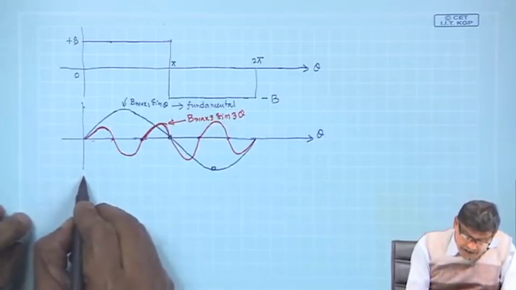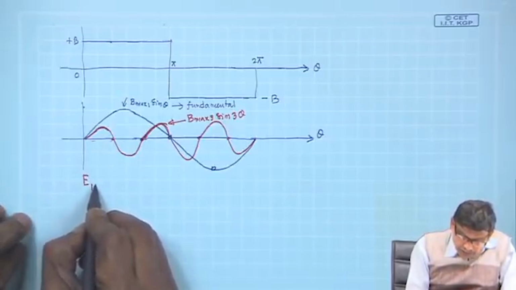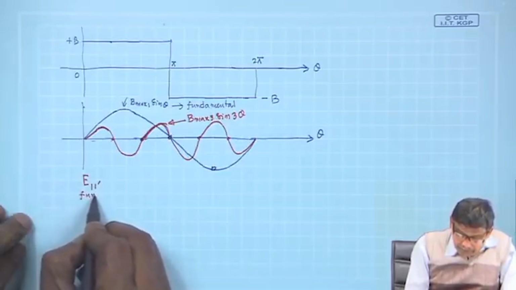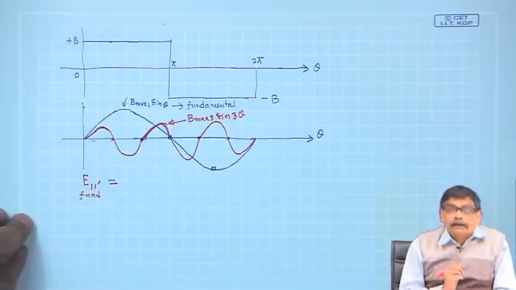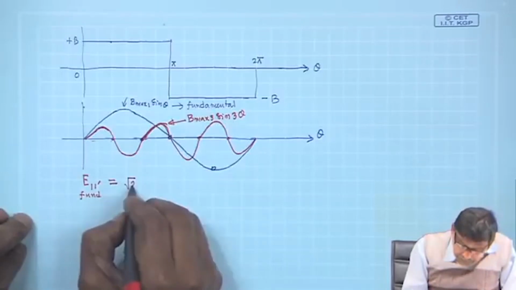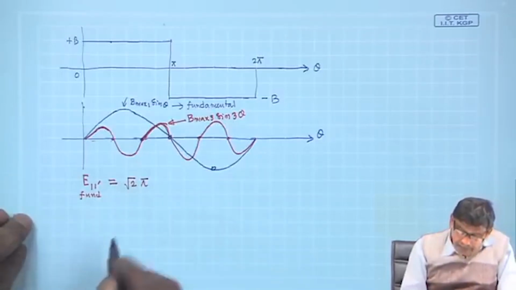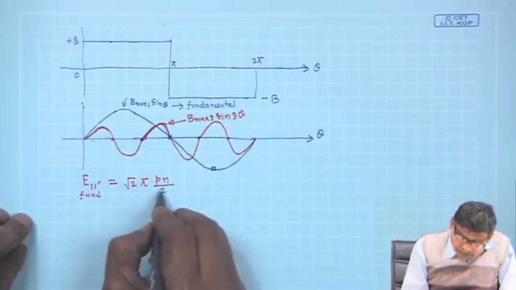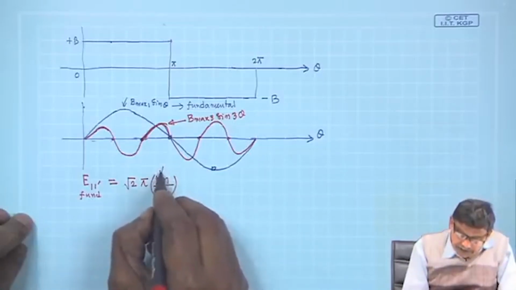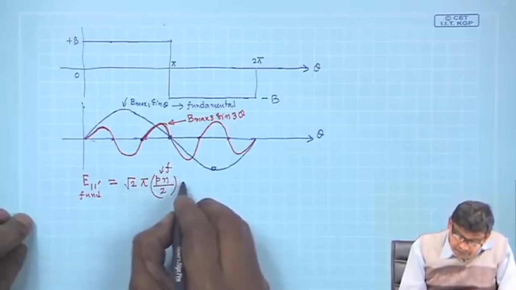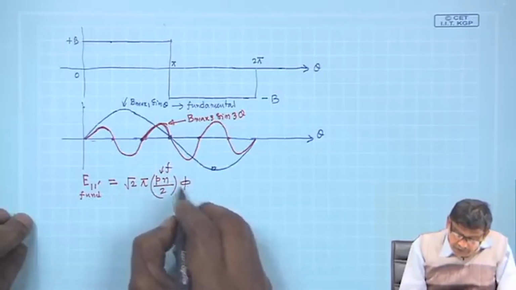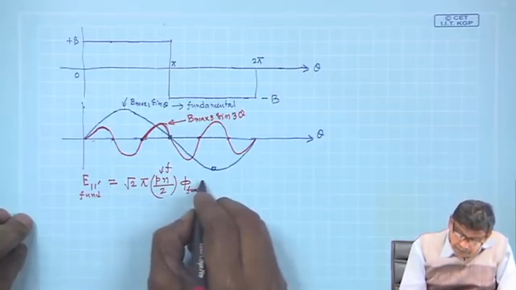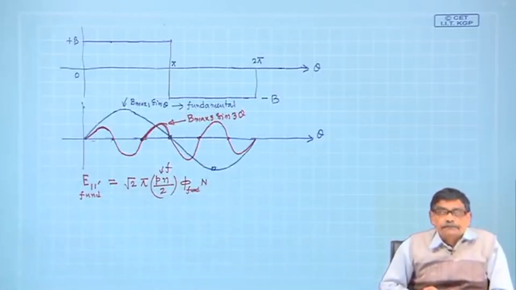Now, if I write the voltage V1 dashed, the fundamental component, it will be root 2 pi, p n by 2, that is f, fundamental frequency, 2 pi f, flux per pole of fundamental into number of turns, that will be the RMS voltage.